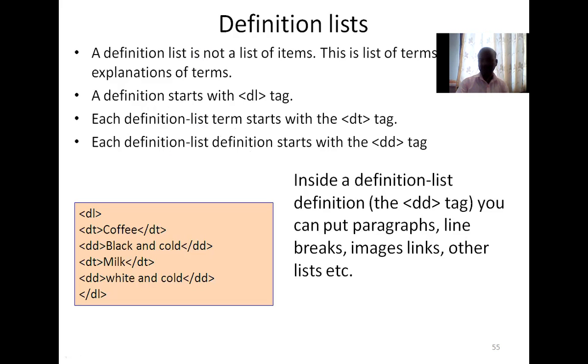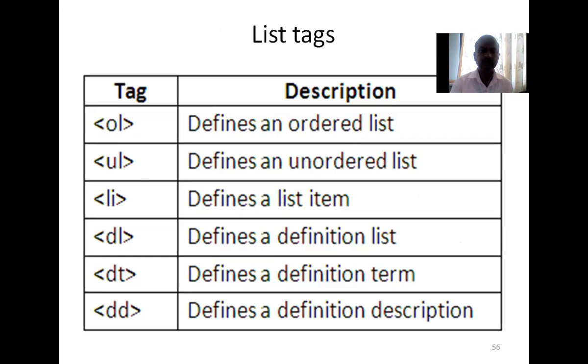See this carefully. Instead of a definition, you can insert images, colors, or other lists. So these are the list tags. See this table carefully.